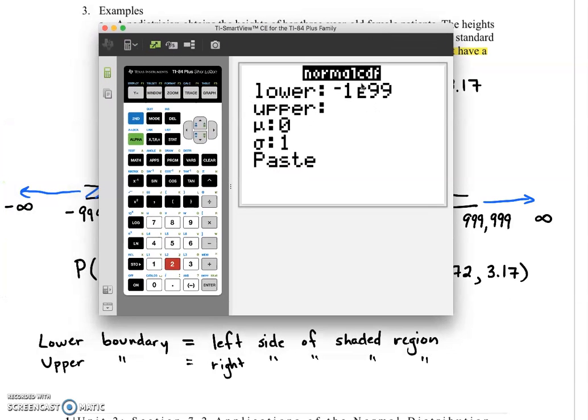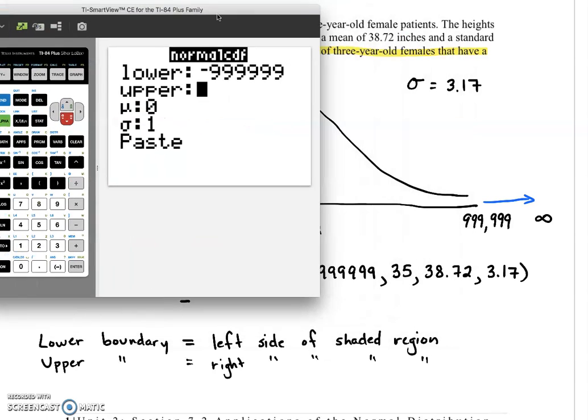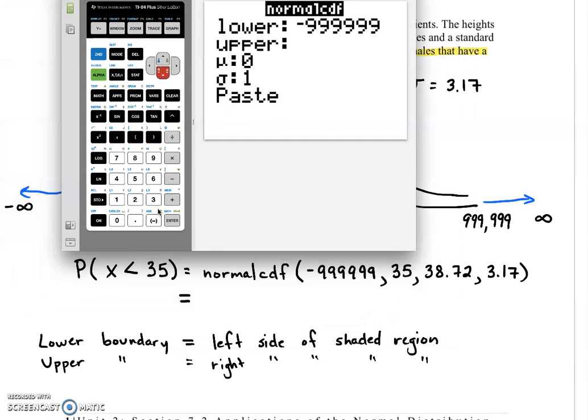So we're going to clear this number out. We're going to put negative, remember to hit the negative key, not the subtract button, 6 nines. Our upper, we said, was 35. Our mean is 38.72. And the standard deviation was 3.17.